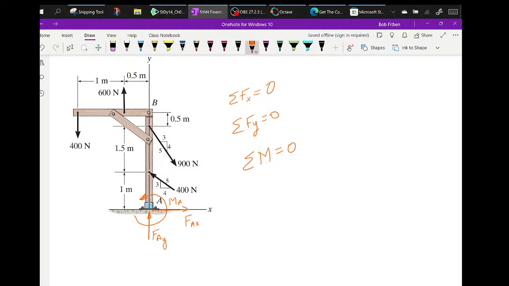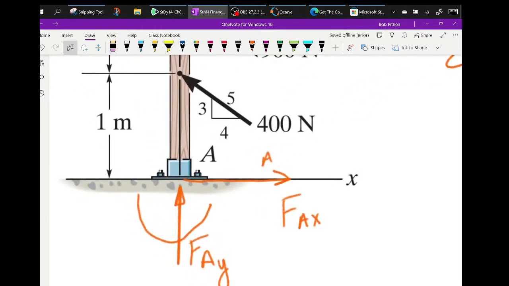So you've got two ways to do this. Since he did all your 3, 4, 5s for you, let's do it the easy way. First, I'm going to do my moment. Sometimes they show these moments sticking to here, but this is in the ground.